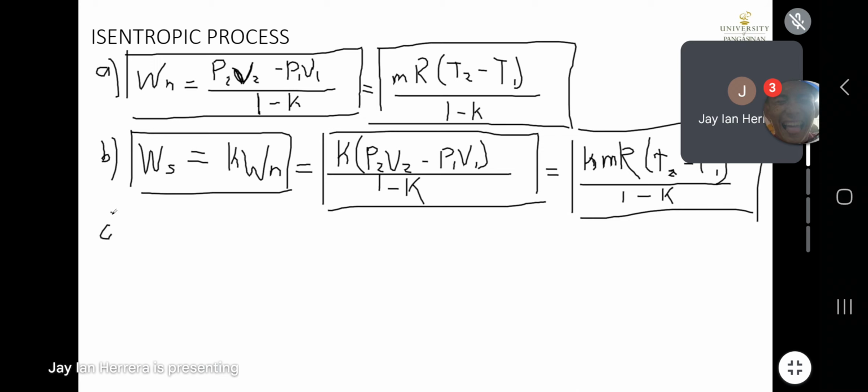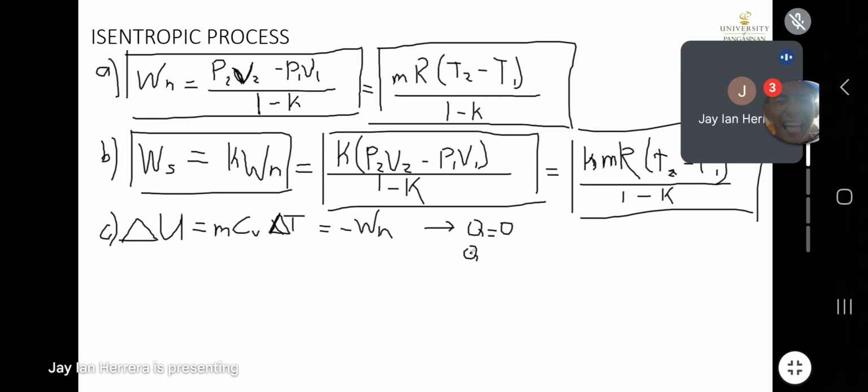Letter C, ang ating internal energy or change in internal energy, delta U. For delta U, it is still M CV delta T. Or since heat is 0 dito, we can say na this is negative work ng flow.